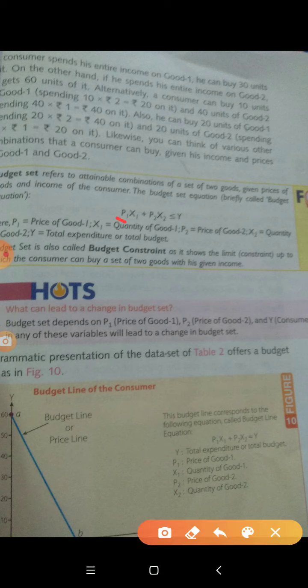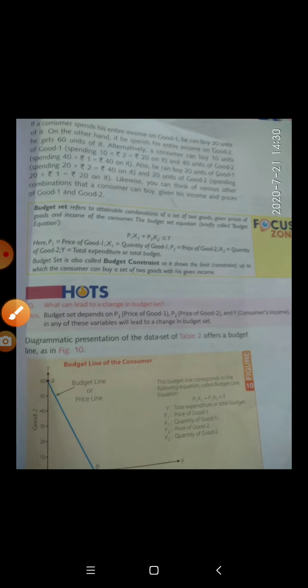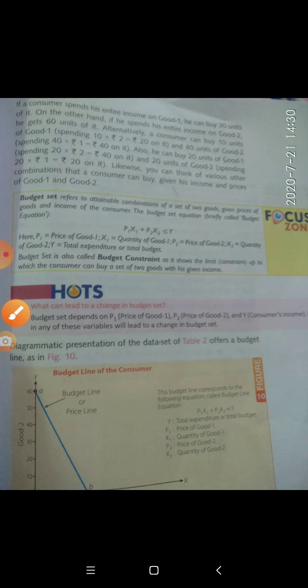It's P1x1 plus P2x2, which is less than or equal to y. What is P1? It's the price of good 1 multiplied by quantity of good 1 plus price of good 2 multiplied by quantity of good 2, and it should be less than the total expenditure or total budget of a consumer. Clear?